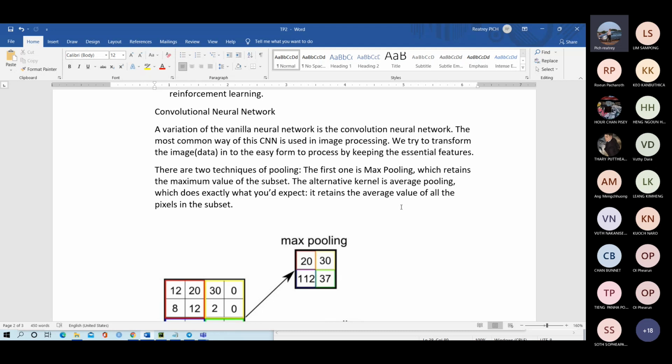So y equals bias plus w1 x1 plus w2 x2 plus w3 x3 plus and so on until wn xn. So it's a term of the convolutional. Convolutional means summations. A common way that they use convolutional neural network is in image processing.